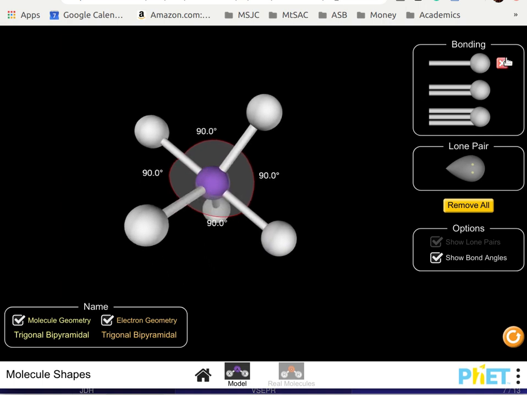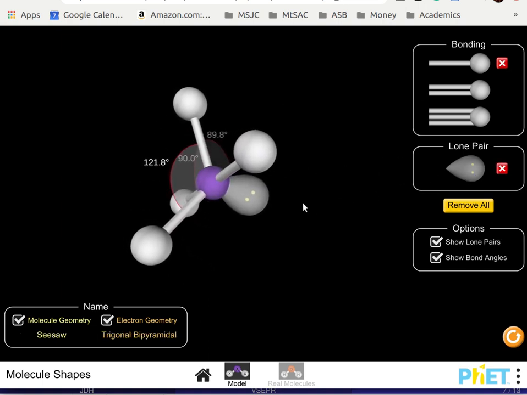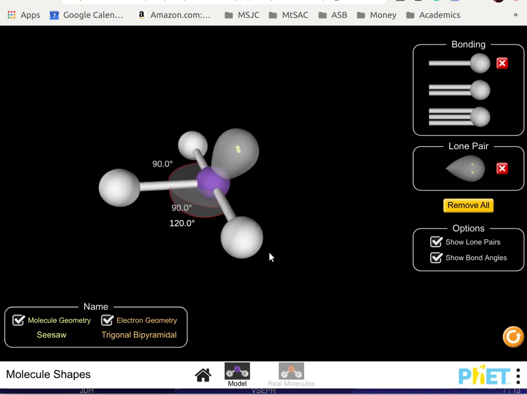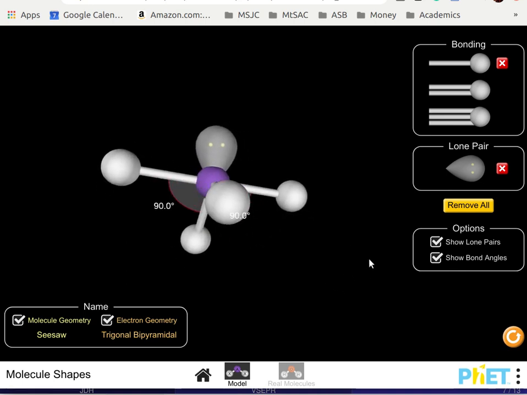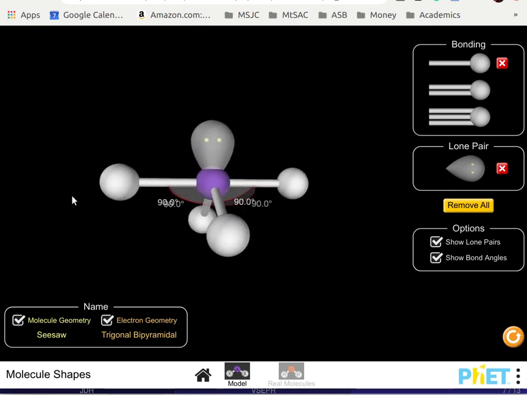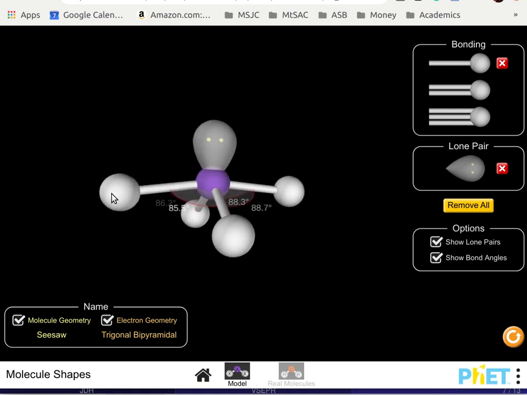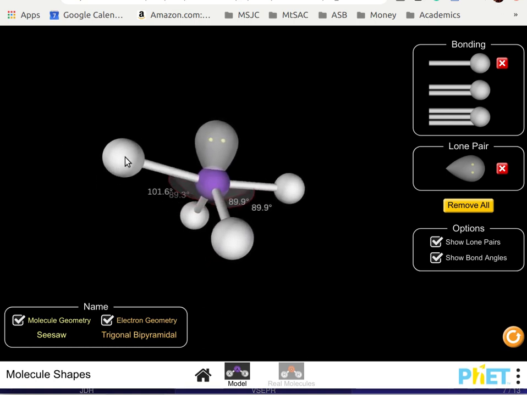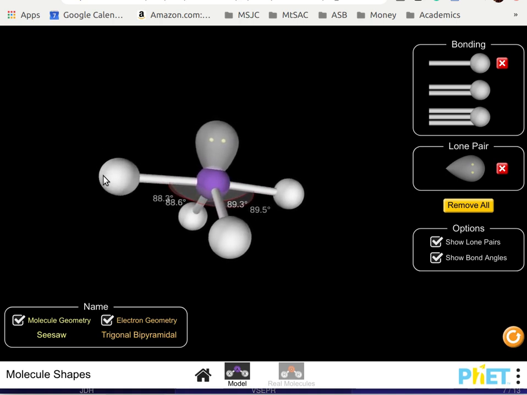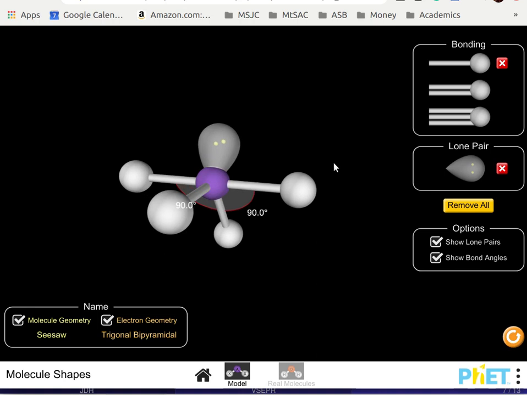I'm going to delete one of the bonds, put in a lone pair, and you end up with something that looks like this. You can consider it like a seesaw moving back and forth. Okay, so this guy goes up and down, up and down. It's a little hard to move around there, but this is our seesaw geometry.